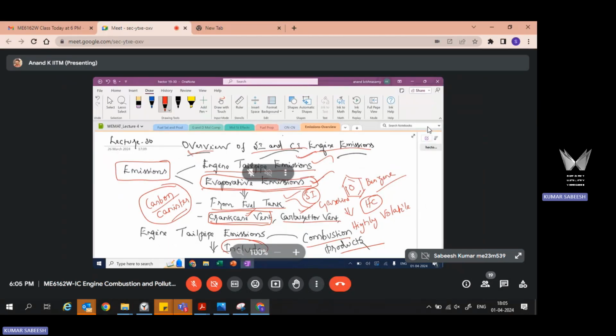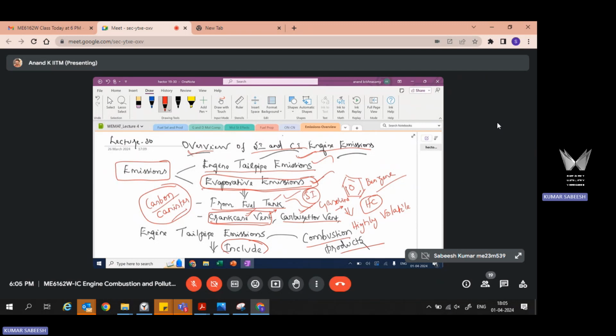Only in SI engine are the evaporative emission levels high, because we deal with the highly volatile gasoline in spark ignited engine. So because of that, the evaporative emissions are more. The sources are the vent provided in the tank, the carburetor, as well as the crankcase. So we have a suitable methodology or approach to address this evaporative emission from these three sources in SI engine.